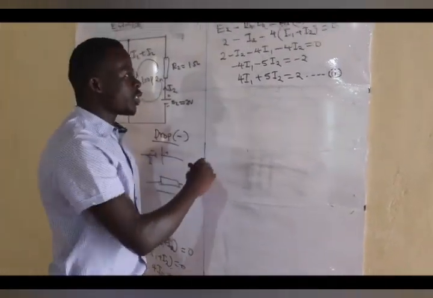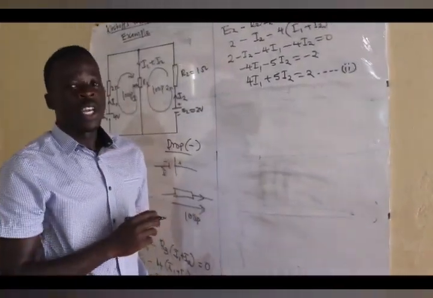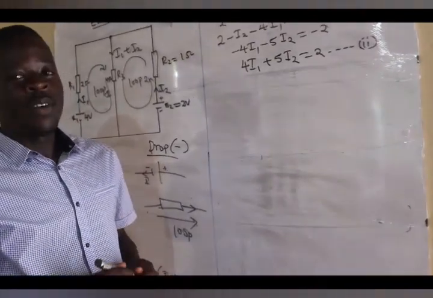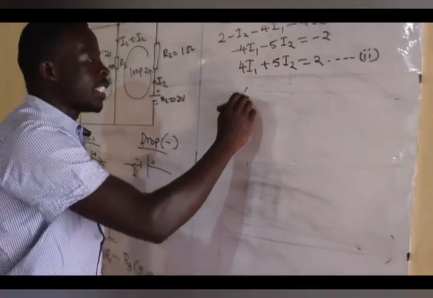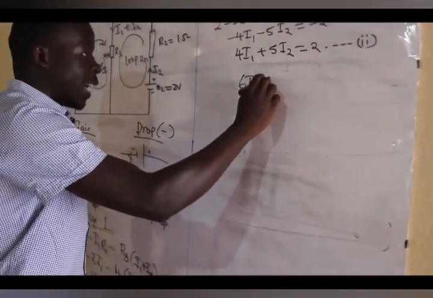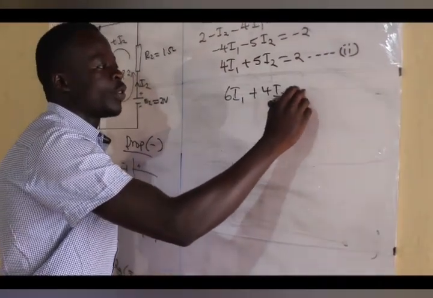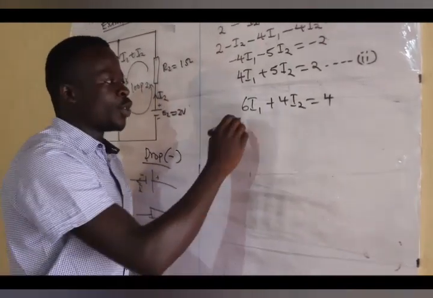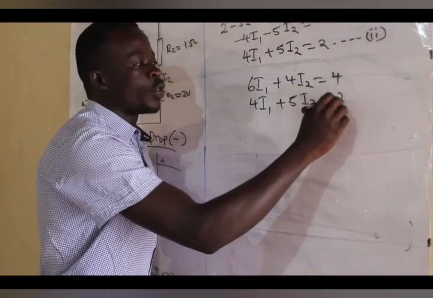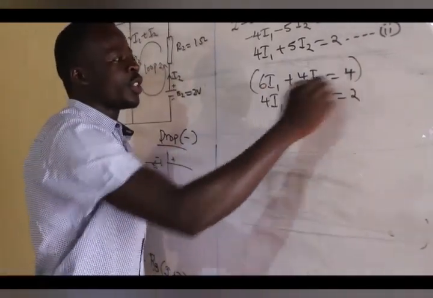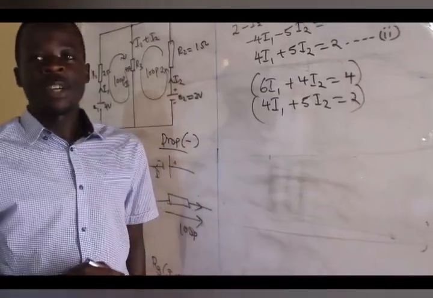So we are going to use these two equations and solve the values of I1 and I2 using simultaneous equations. Loop 1 was 6I1 plus 4I2 is equal to 4, and equation 2 is 4I1 plus 5I2 is equal to 2. Allow me to use the elimination method.